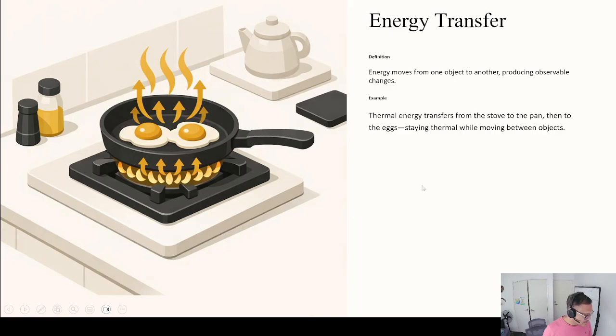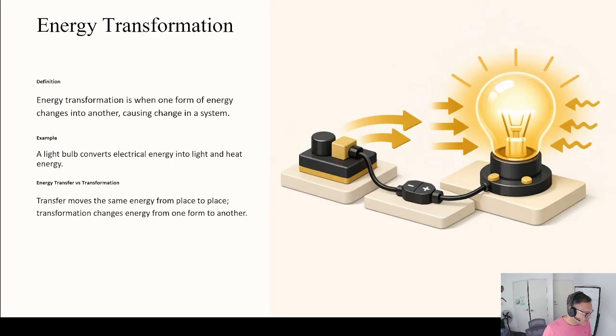Let's see another example. This example is basically energy transformation. Energy transformation means that one form of energy changes into another form, causing change in the system. So again, both energies are causing changes. That was our initial definition of energy, if you remember from lesson one. So what is the transformation here? There is electric energy, from the switches, and it's getting converted into light and heat, right?